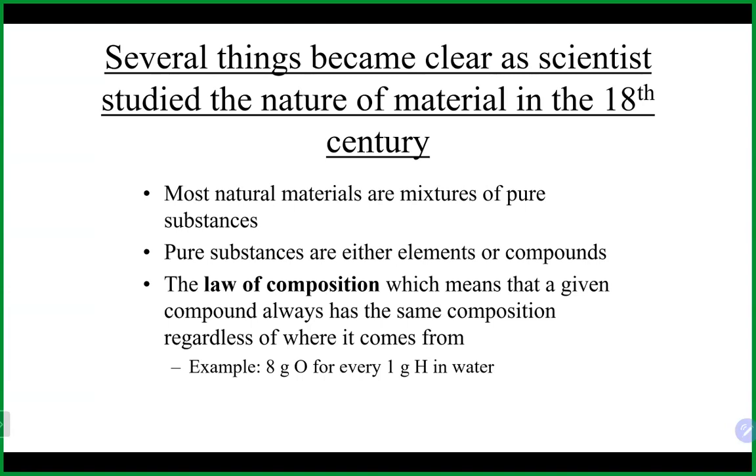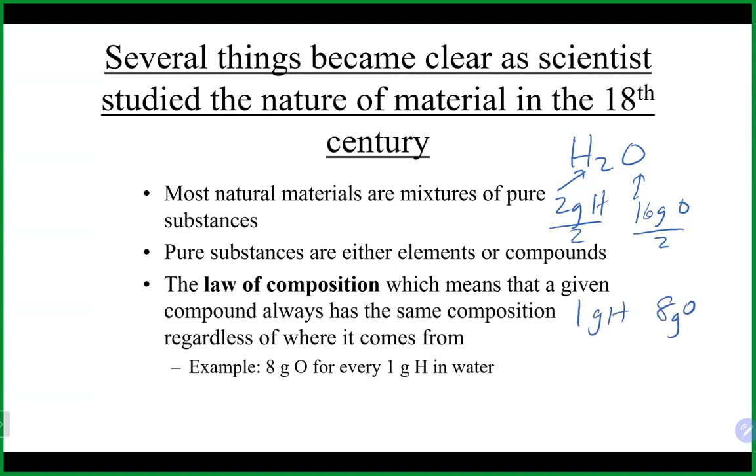One of the early laws, the law of composition, says that a given type of compound always contains the same composition regardless of where it comes from. So 8 grams of oxygen and 1 gram of hydrogen in water, because water is H2O, that's about 2 grams of hydrogen for every 16 grams of oxygen, which if you reduce it down gives you about 1 gram of hydrogen for every 8 grams of oxygen.